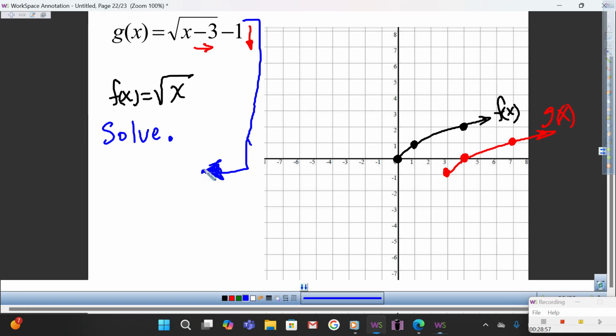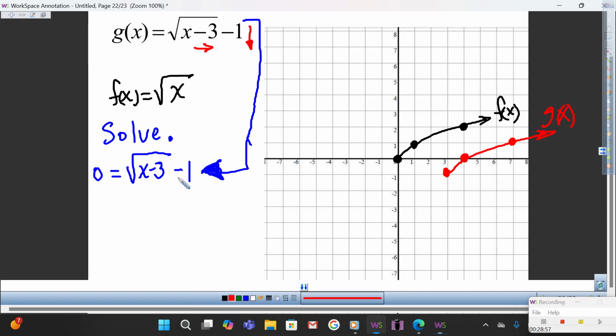rewrite it. However, instead of g of x, what do you think I'm going to write there? Nope. Nope. 0. Copy that, please. 0 equals square root of x minus 3, and then outside the radical, minus 1. All right? So, let's solve this. We need to leave x by itself.